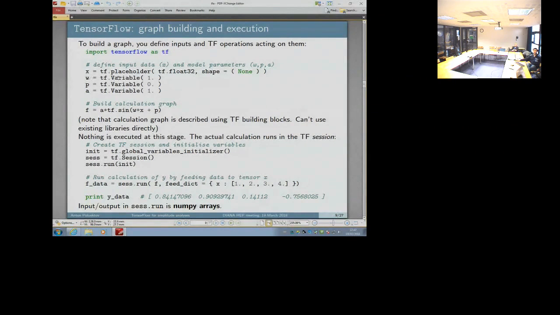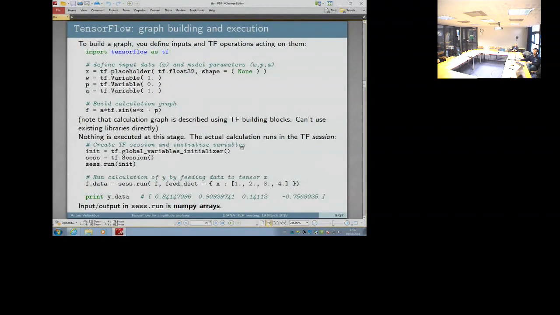Then here are your tunable parameters, and this is your definition of the graph, right? So it's quite trivially written. At this point, nothing is calculated, right? You're just describing what has to be done.